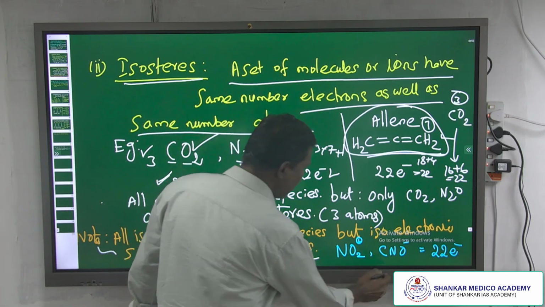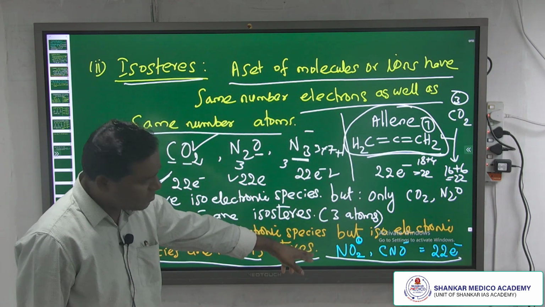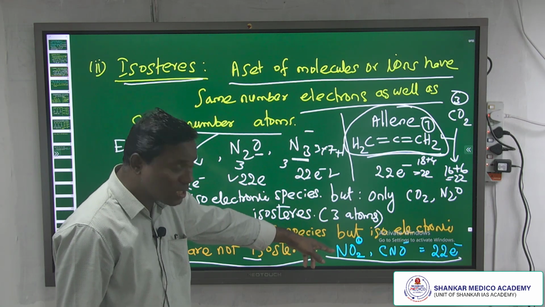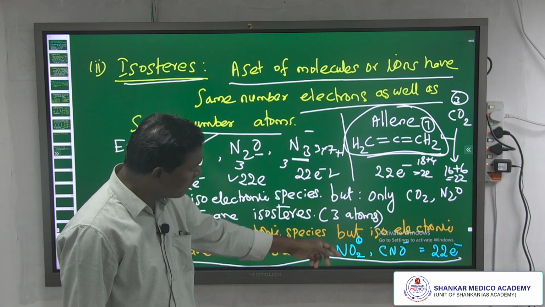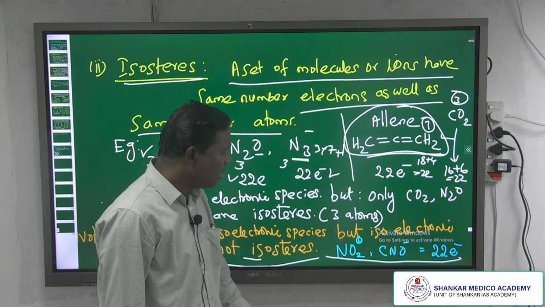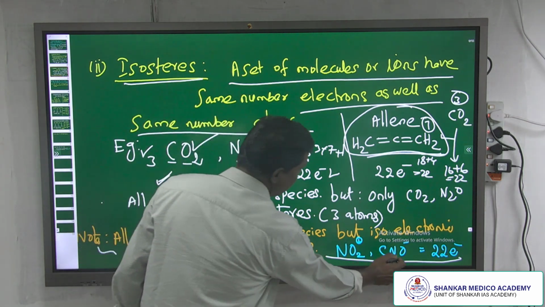And in fact, you can see another 2 species. NO2 plus, nitronium, one of the famous electrophiles for the aromatic electrophilic substitution, nitration reaction, and cyanide ion, both having a 22 electron system. Of course, this also has atomicity 3.